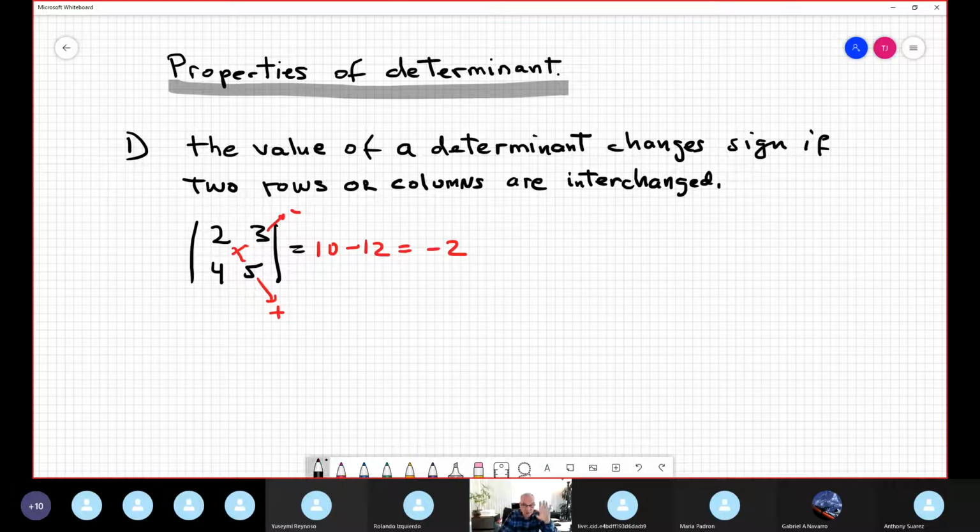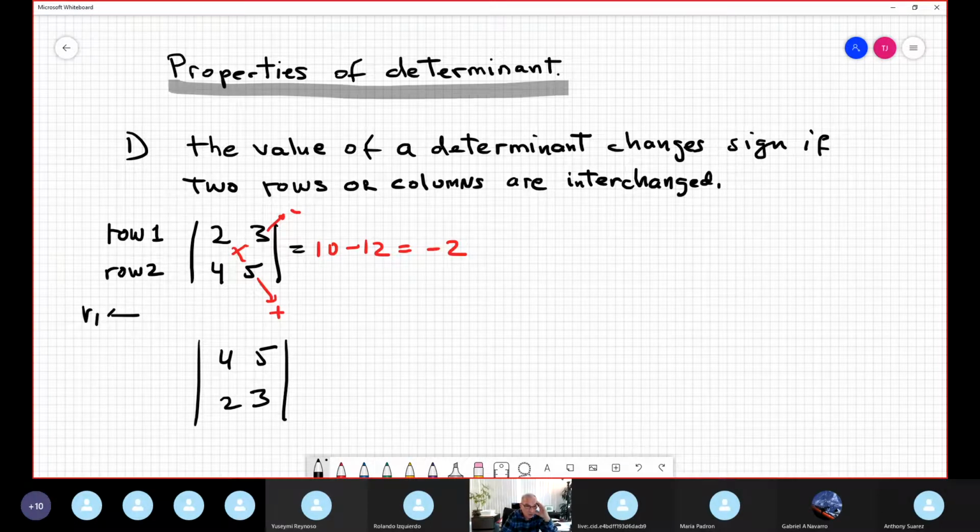Suppose now that I interchange two rows: 4, 5, 2, 3. This is row 1, this is row 2, and now row 1 swaps with row 2. This is my new row 1.